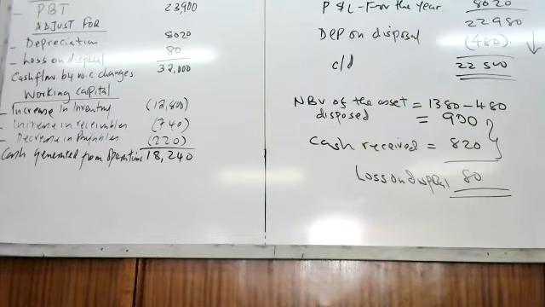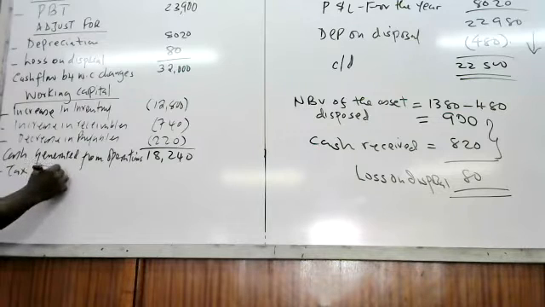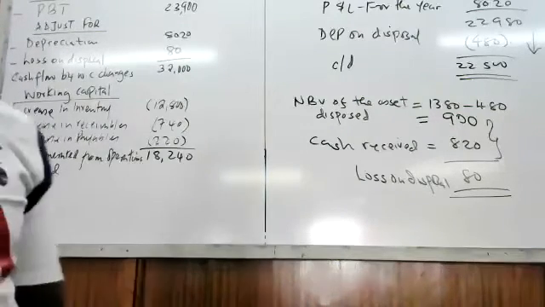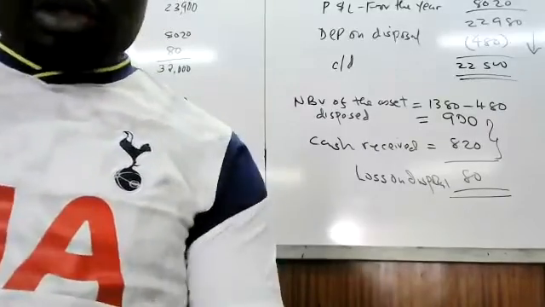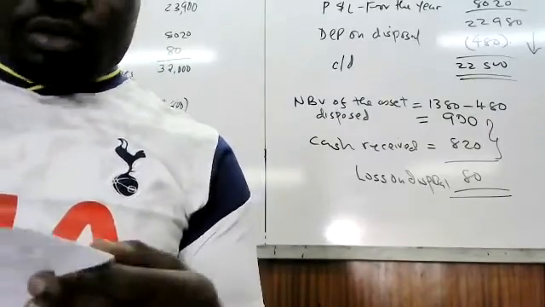Then we say tax what? Paid. So tax paid. Where have they mentioned tax? Kuna accrued.